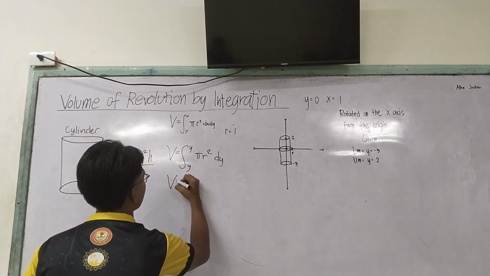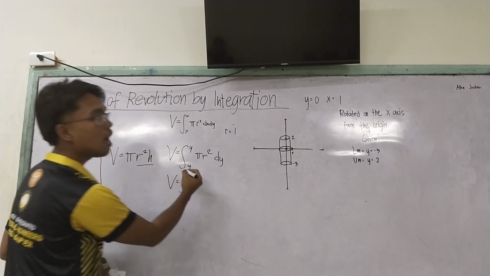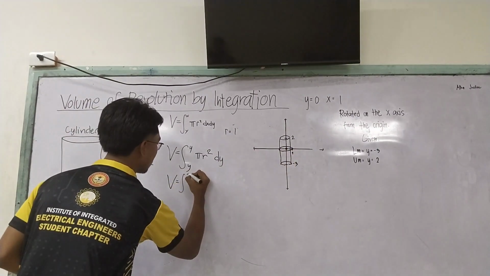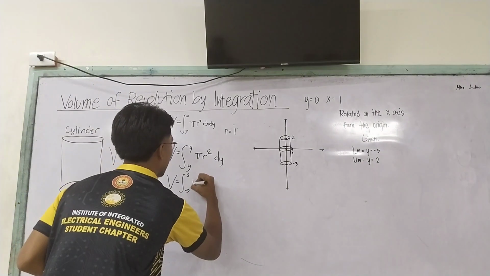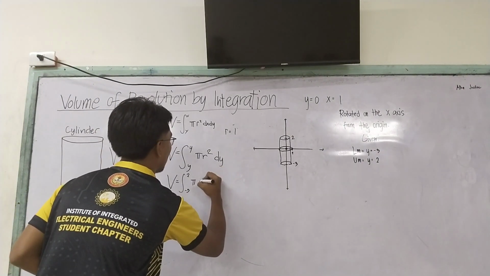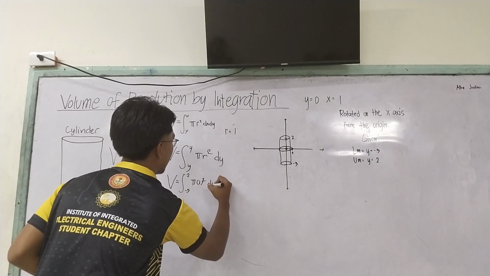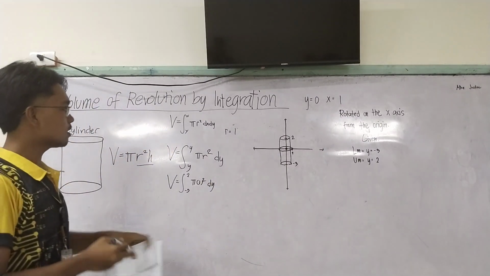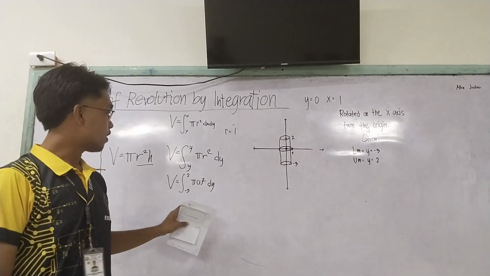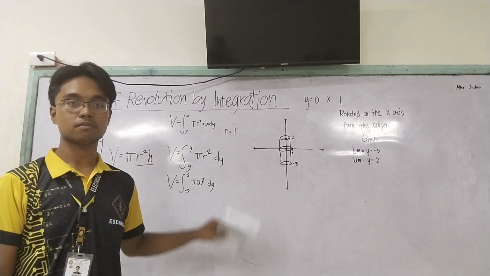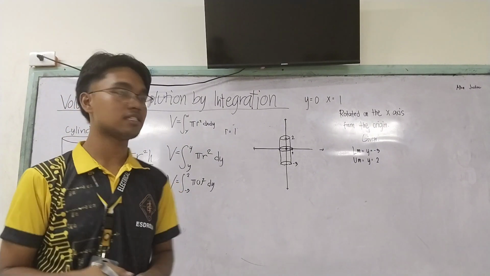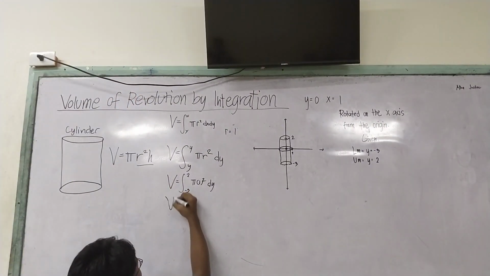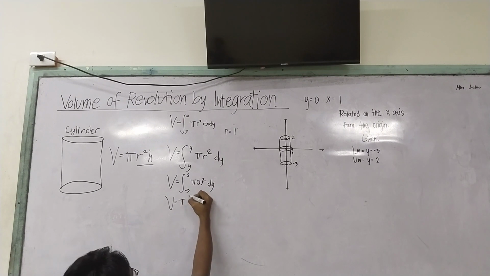V equals the integral from negative 3 to 2 of pi times 1 squared dy. In this form of equation, we can assume that pi is a constant, so we can take it out: V equals pi times the integral of 1 squared dy.